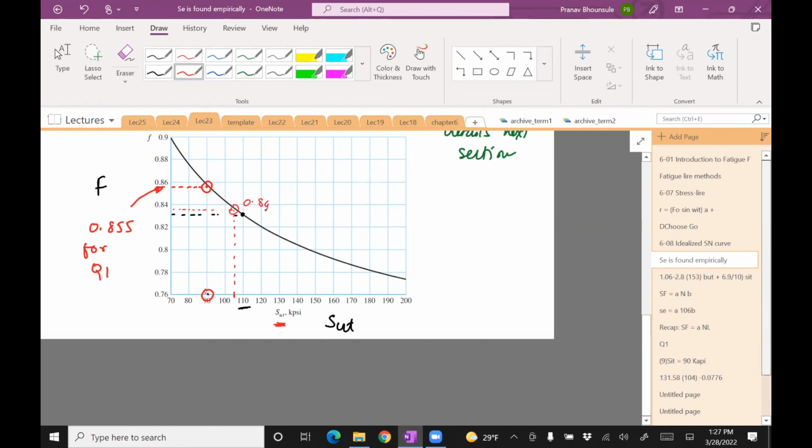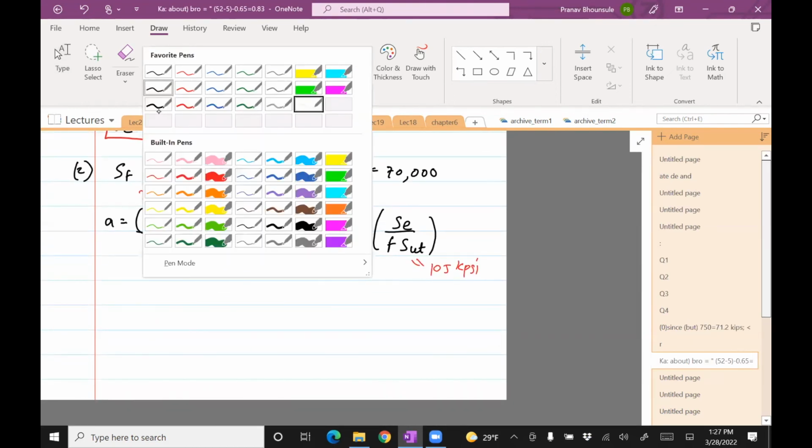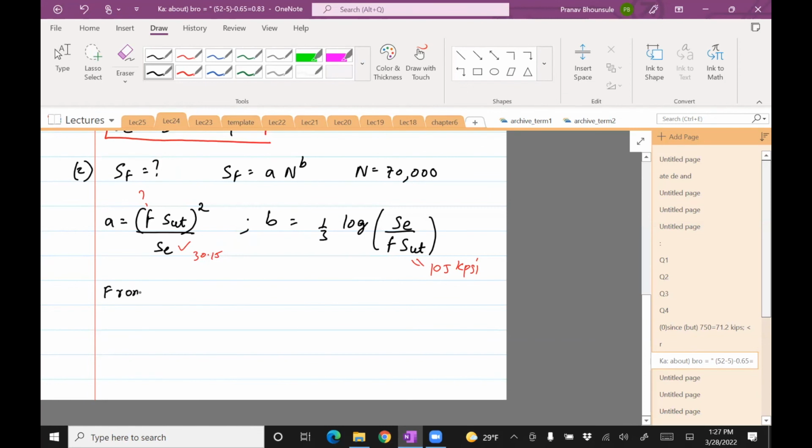From the graph of F versus SUT, we get 0.84.